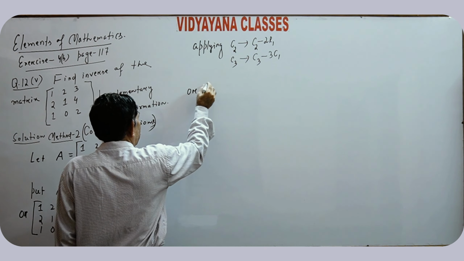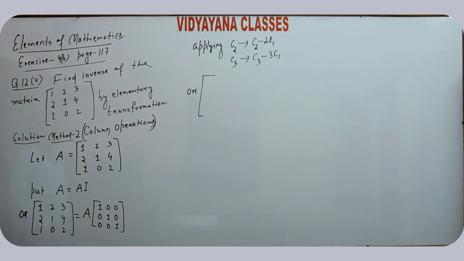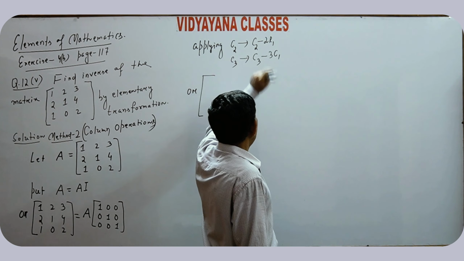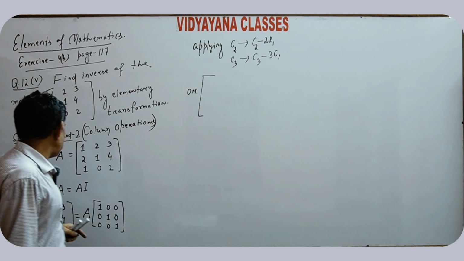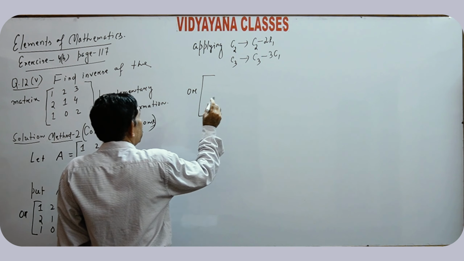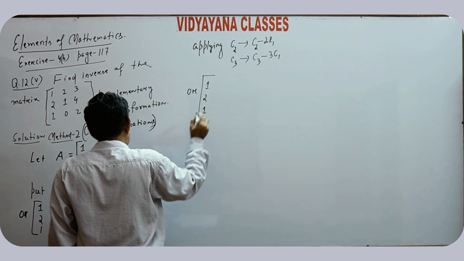Column 2 is replaced by column 2 minus 2 times column 1. There is no change in column 1, that is 1, 2 and 1.